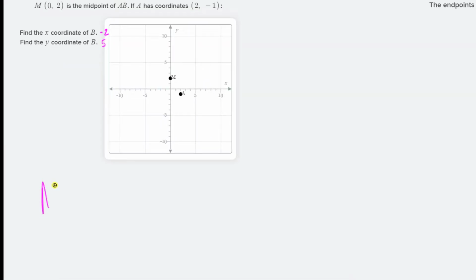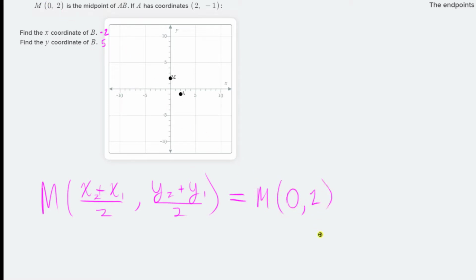If we know the midpoint equation is going to be adding the X values, dividing by 2, adding the Y values, and dividing by 2, it's just the average of the X's, the average of the Y's. And I have part of that. I have the A coordinates, but I also have the answer. I know that M should give me a final answer of (0, 2).